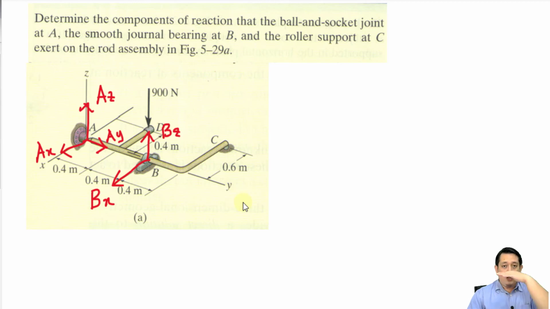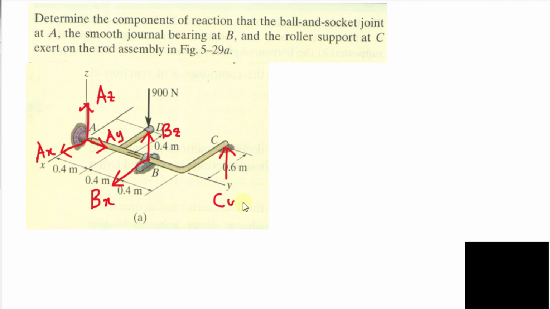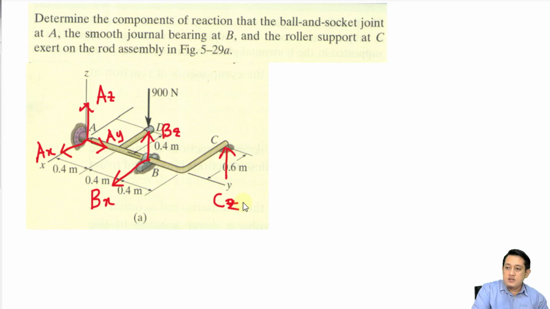So it means that we have a reaction upwards, which is CZ. So this is the reaction at each point A, B, and also C.